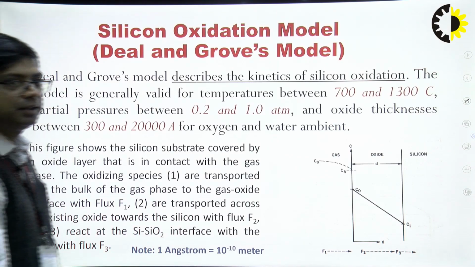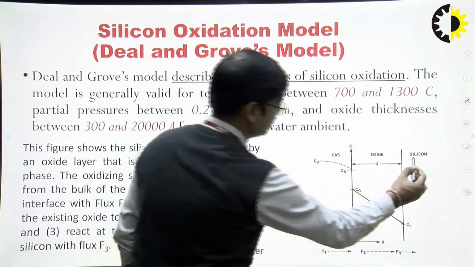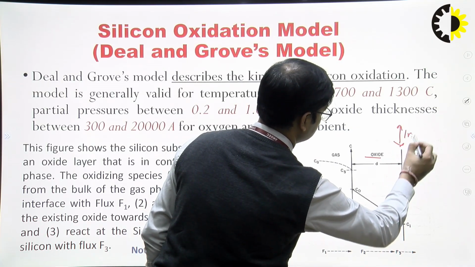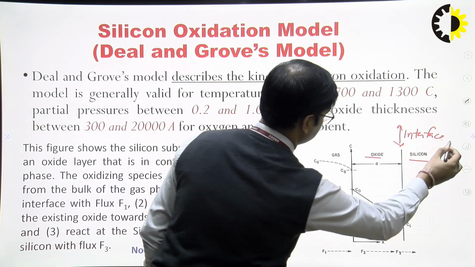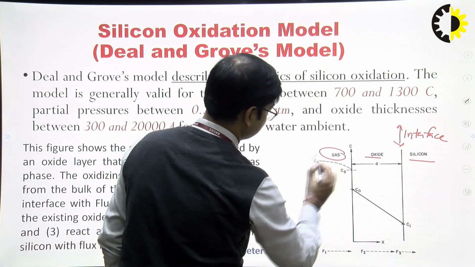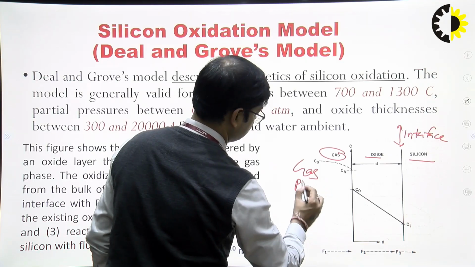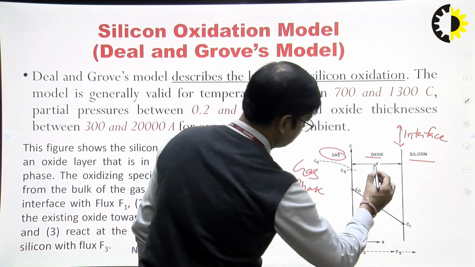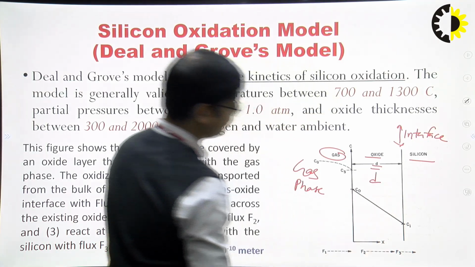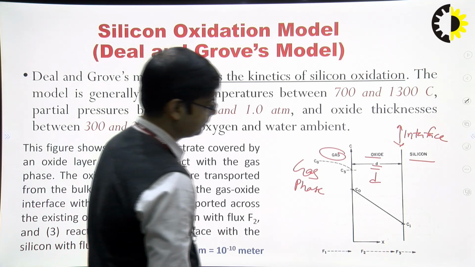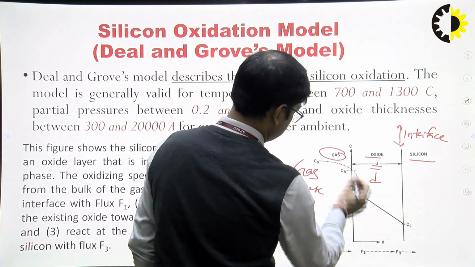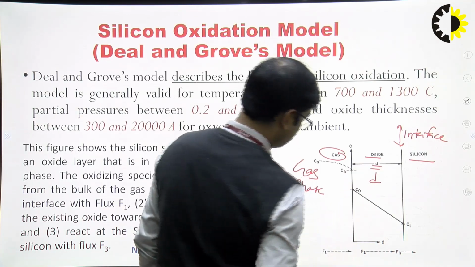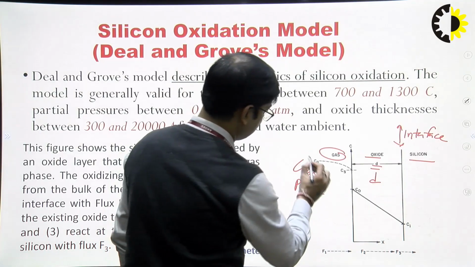Now here we can see this figure. This is our silicon and this is our oxide. So this is our Si-SiO2 interface. Okay, and this is the gas phase. Here D represents the thickness of the oxide layer. Now C is the concentration of oxygen at a particular instant.